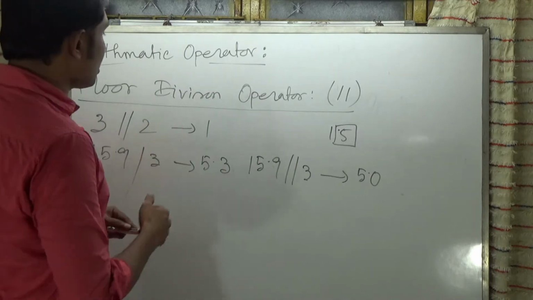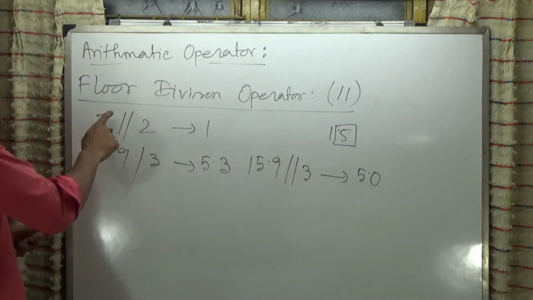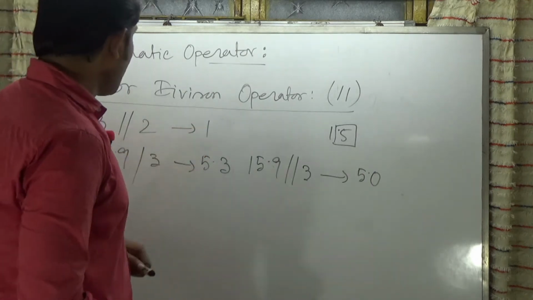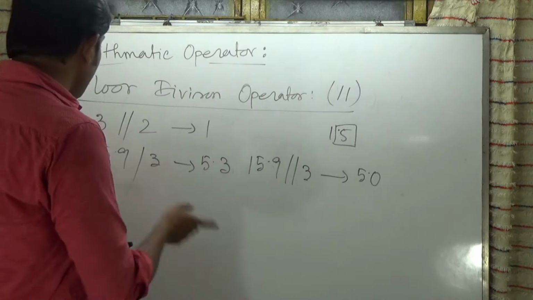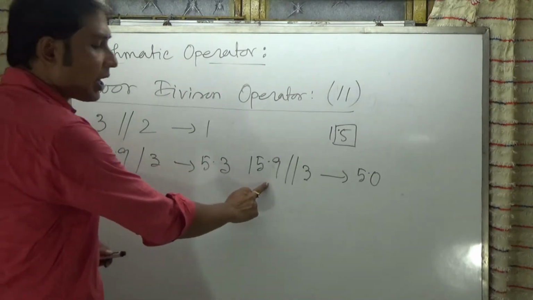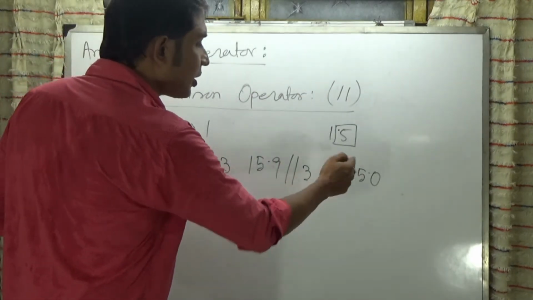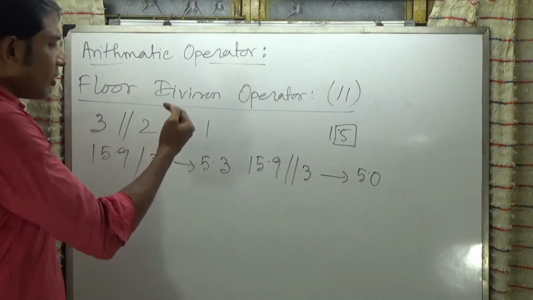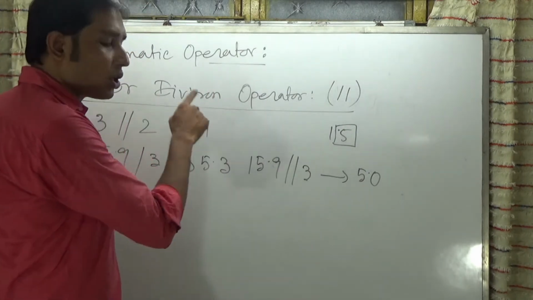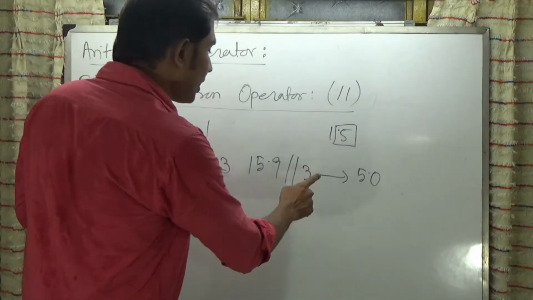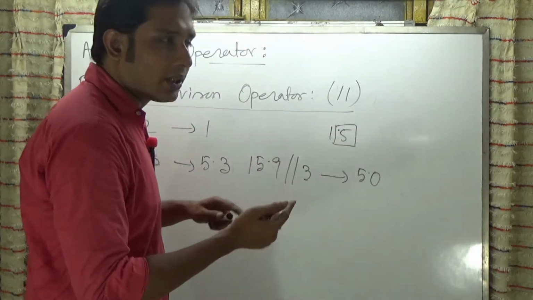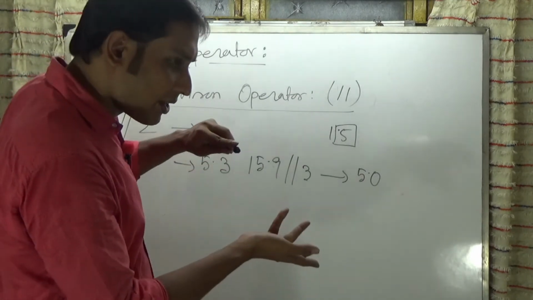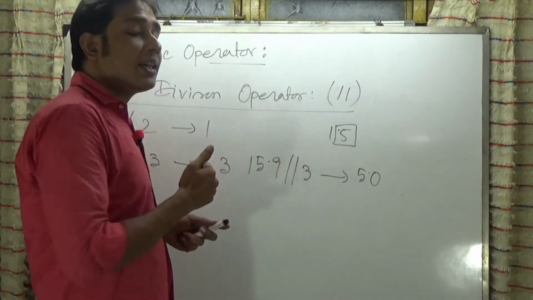So in floor division, when 3 is floor divided by 2, the result is 1 but not 1.0. But when 15.9 is floor divided by 3, the result is 5.0, not 5. Why is it that in one case the value is only 1, and in the other case it is 5.0, that is, float type?